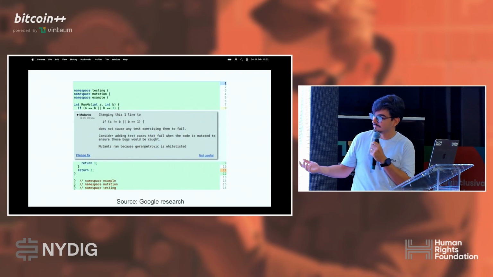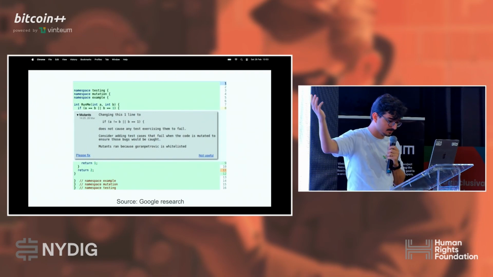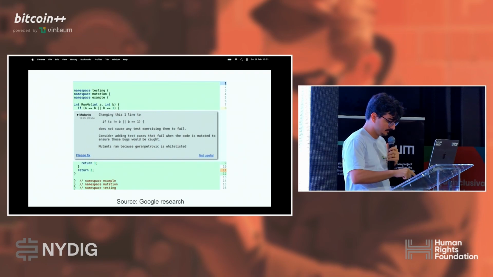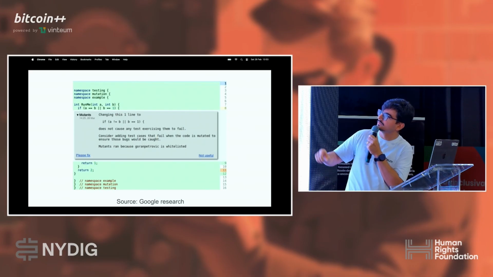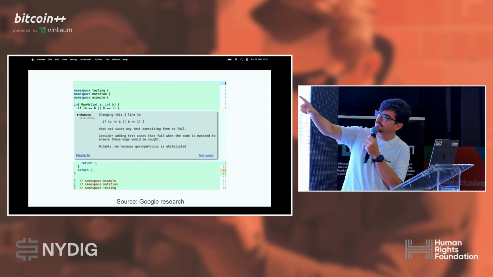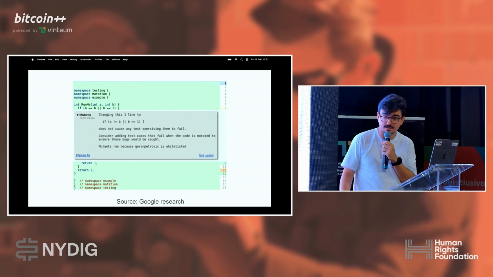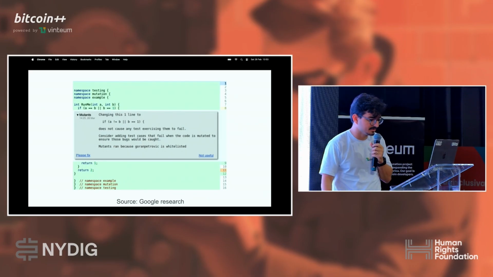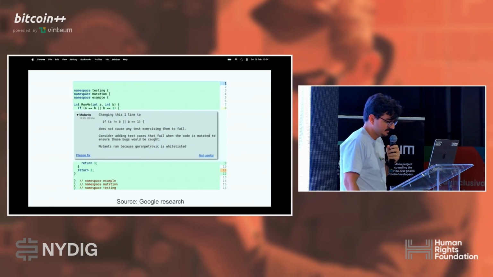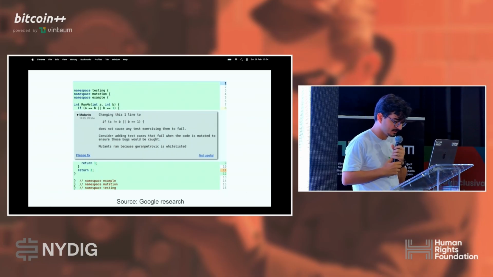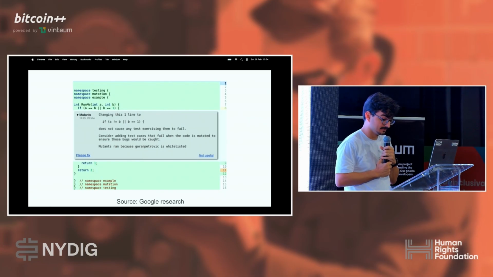You can see that we mutated that code by changing A equal to B to A different to B. So this is a change. And in this example, this mutation was not caught by any automated tests. So this is mutation testing. It's basically: you change something in your code and you see if your tests can detect it.